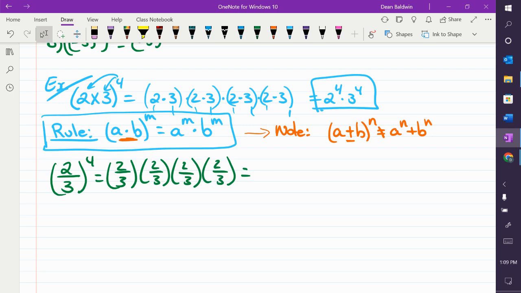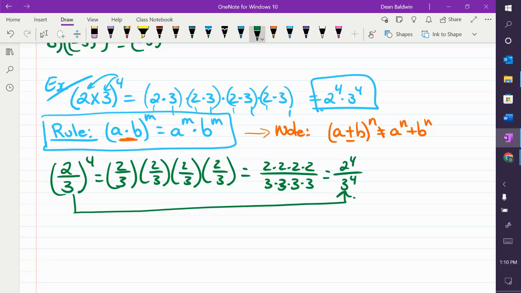How do you multiply fractions? Across. 2 times 2 times 2 times 2, right? Over 3 times 3 times 3 times 3. How many 2's do I have? 4. How many 3's do I have? 4.